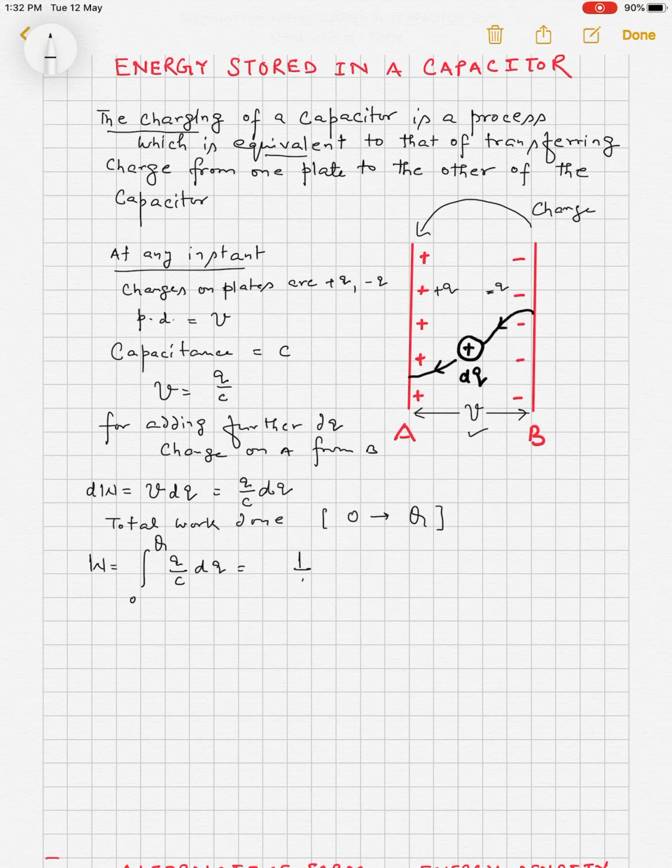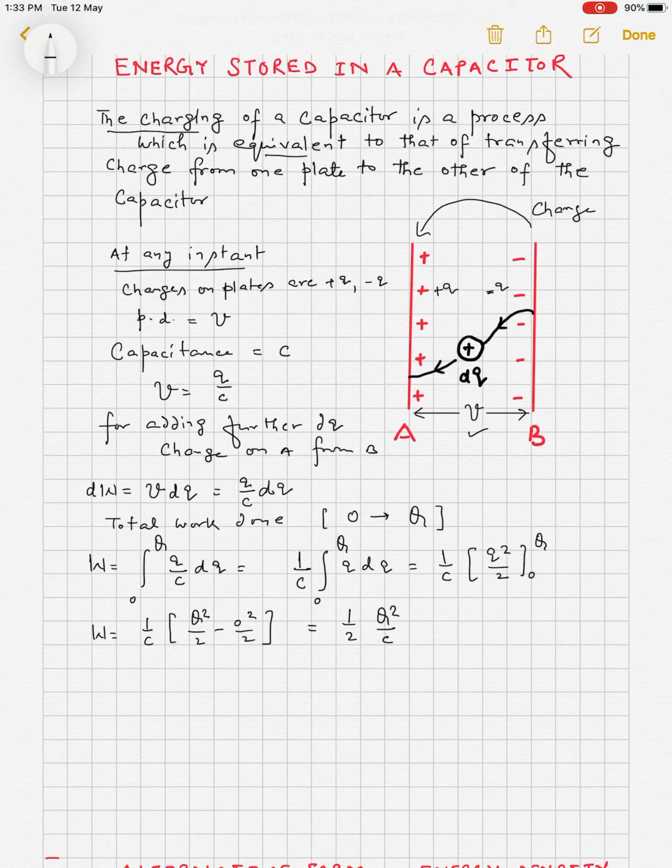C is constant, so it comes out of the integration sign, and we have the integral from 0 to Q of Q dQ. So 1 upon C times Q square upon 2, with charge from 0 to Q. Putting these values, we get W is equal to 1 upon C, Q square by 2 minus 0 square by 2. So it becomes half Q square by C.